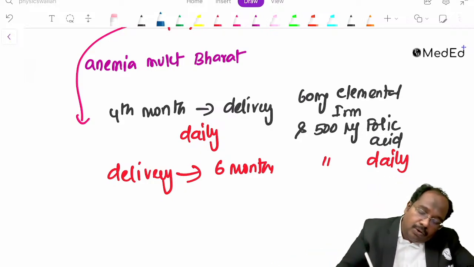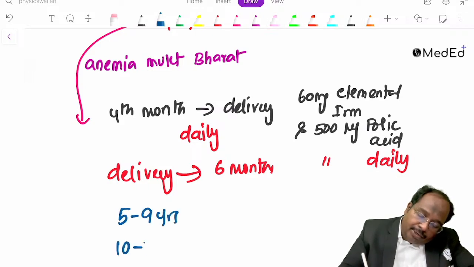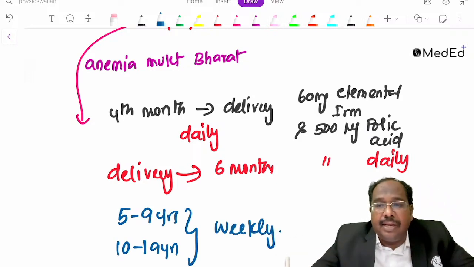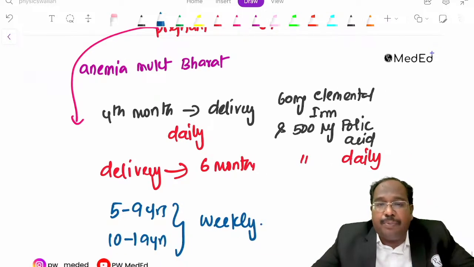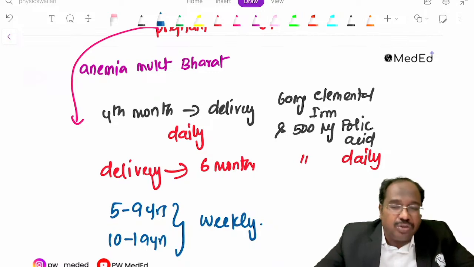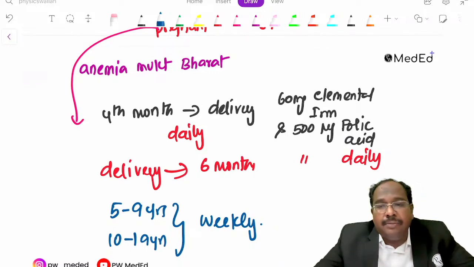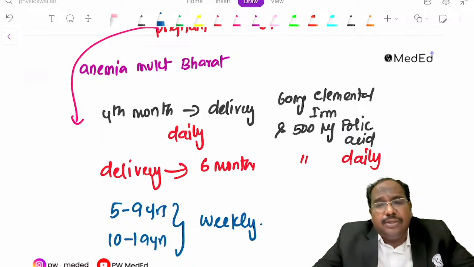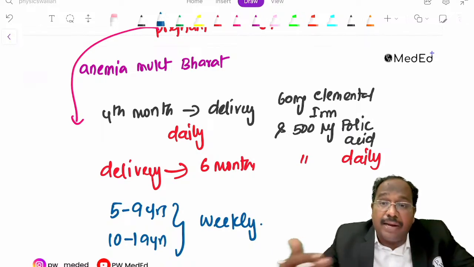We provide weekly iron folic acid tablets as part of Anemia Mukt Bharat, also called the National Iron Plus Initiative. We provide it prophylactically.